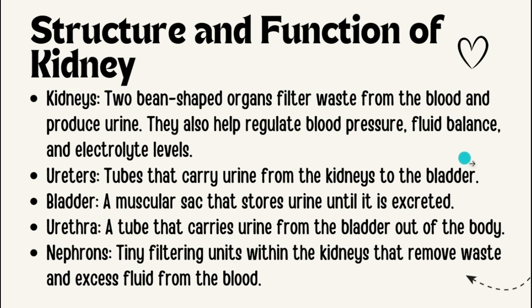So as it relates to the structure and the function of the kidneys, as I said before, it is the main excretory organ. If we're focusing on the structure, you just need to know what it looks like, but basically it's two bean-shaped organs. We don't have one, we have two kidneys.